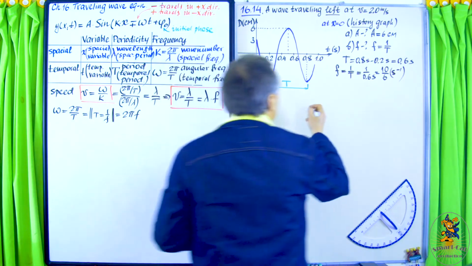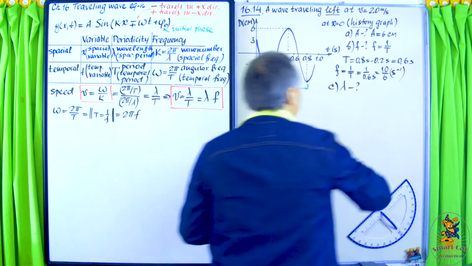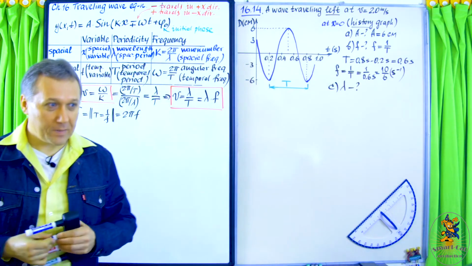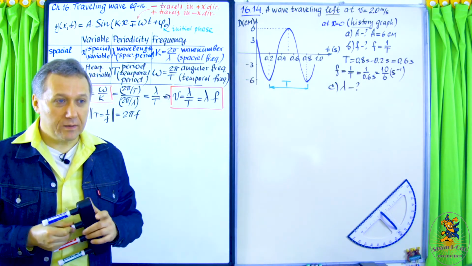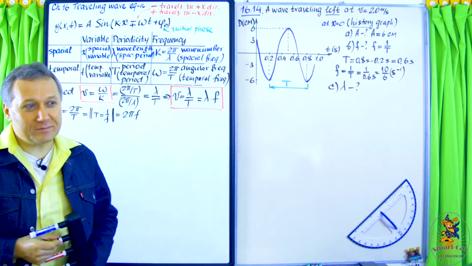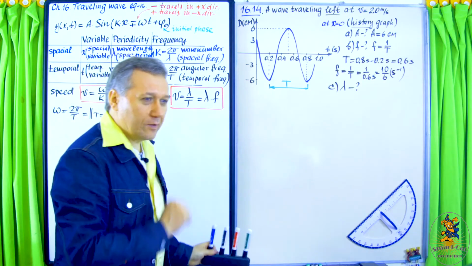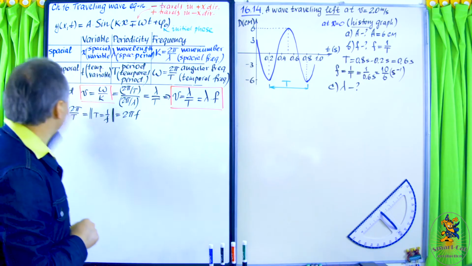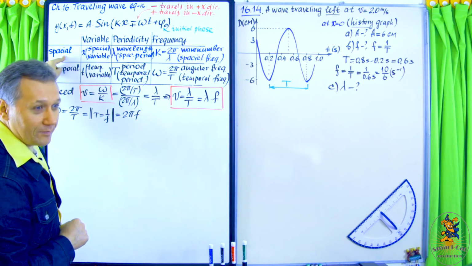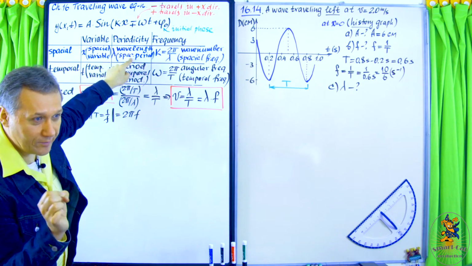okay, now part C. What about wavelength? With wavelength, it's slightly, I want to say more complicated, but not that much, right? Wavelength is what? It's a spatial parameter. It's a spatial periodicity. It's a spatial quantity.